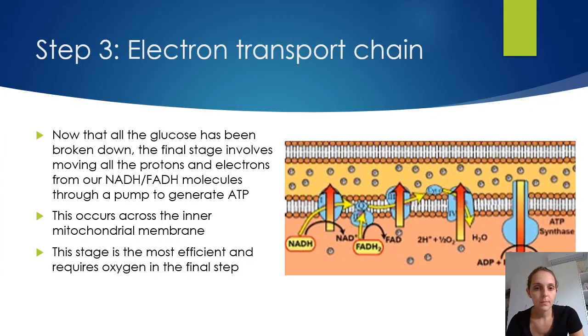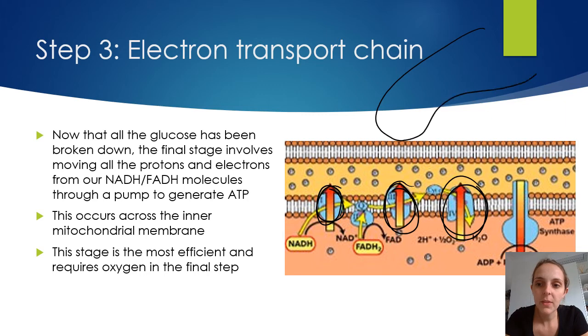All right, so now we're looking at the electron transport chain. We've broken down all the glucose. So we now are going to be using those NADHs and FADHs to work through this series of integral proteins. Remember these special friends that we learnt about earlier in the term. This is in the inner mitochondrial membrane. So if we think about the mitochondria, that's the outer membrane.